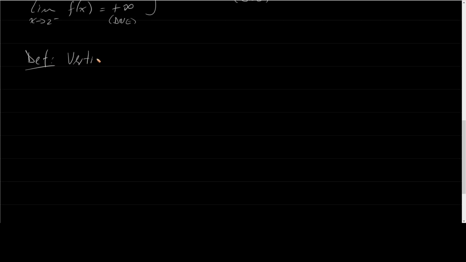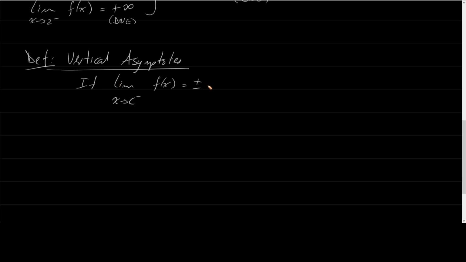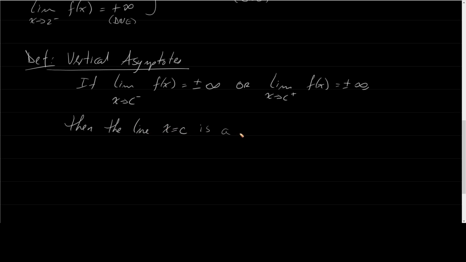Vertical asymptotes: if the limit as x goes to c from the left of f of x equals positive or negative infinity, or if the limit as x approaches c from the right of our function goes to positive or negative infinity, then the line x equals c is a vertical asymptote of f.